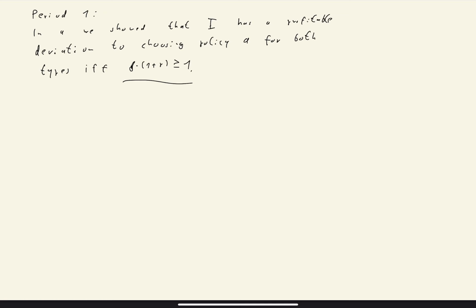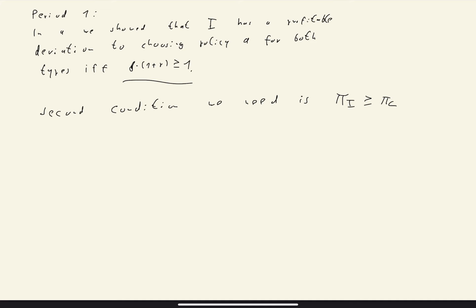So the second condition we need is that the ex ante belief about the incumbent being a congruent type, pi I, is larger than the probability of the challenger being a congruent type, pi c.